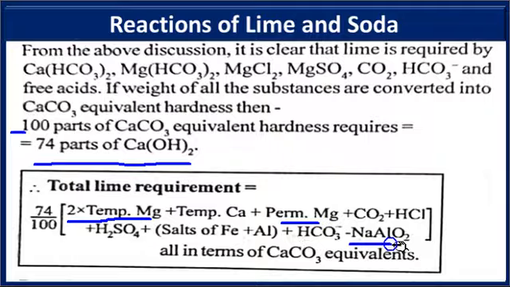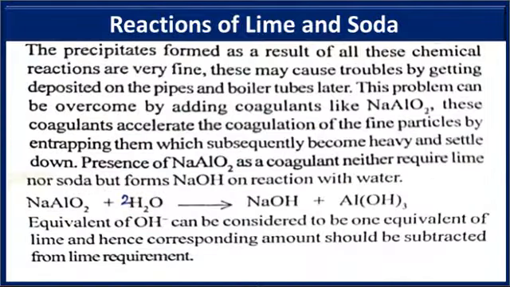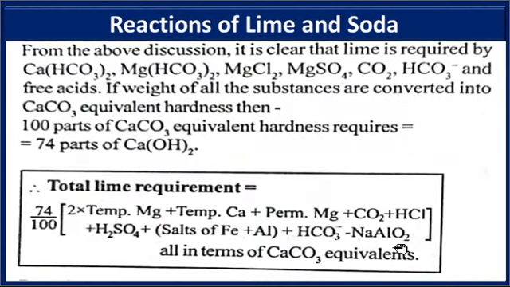and minus sodium aluminate. Why minus sodium aluminate? Because we just saw here that if sodium aluminate is present in the water, then it generates NaOH, and the equivalent of OH minus ions can be considered to be one equivalent of lime, and hence this corresponding amount should be subtracted from the lime requirement. That is why we are putting the minus sodium aluminate here. Bracket, all are in terms of calcium carbonate equivalents.